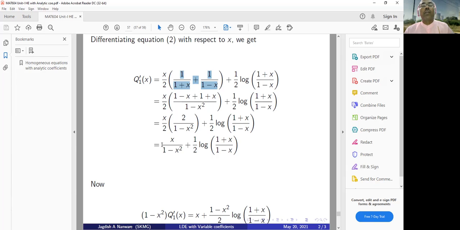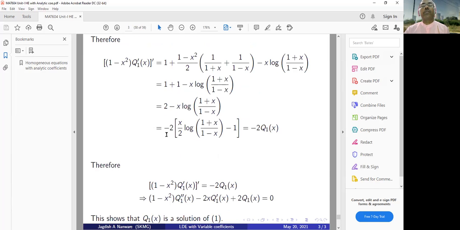If you take this, you will get this and simplify further. So the final derivative is x upon 1 minus x square plus half log of (1 plus x upon 1 minus x). This can be further written as this. You can take this common and rewrite it like this. So we get this.